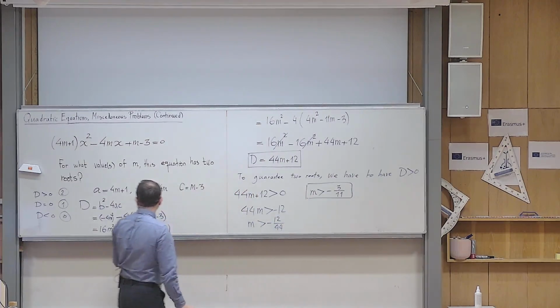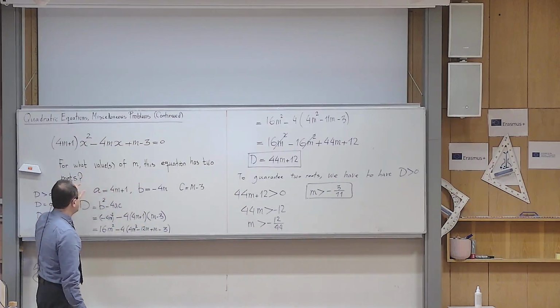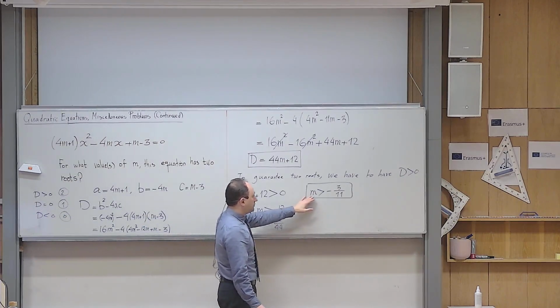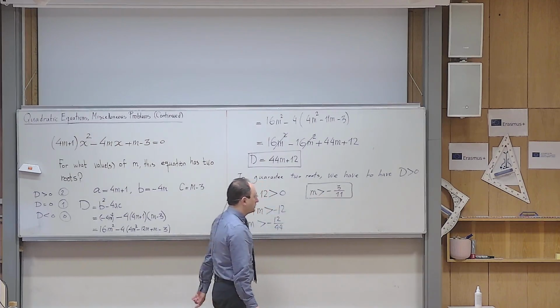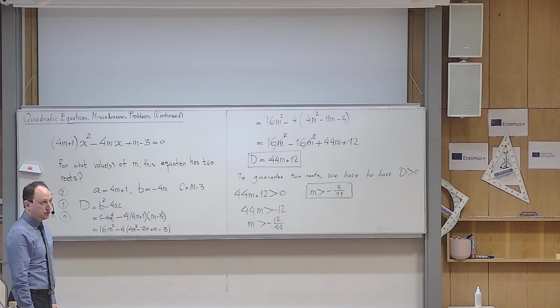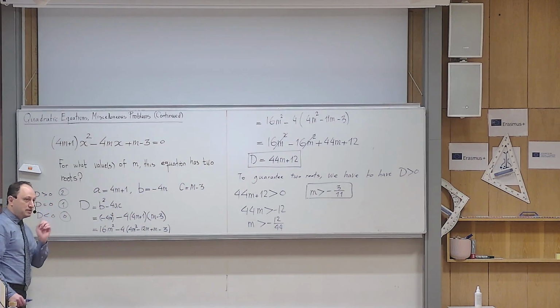Infinitely many. The question is asking you for what value or values of m this equation has two roots. You will tell me that for all values of m greater than minus 3 over 11, there are two roots. Yes or no? Yes. Okay, but you have to be a little bit careful here.